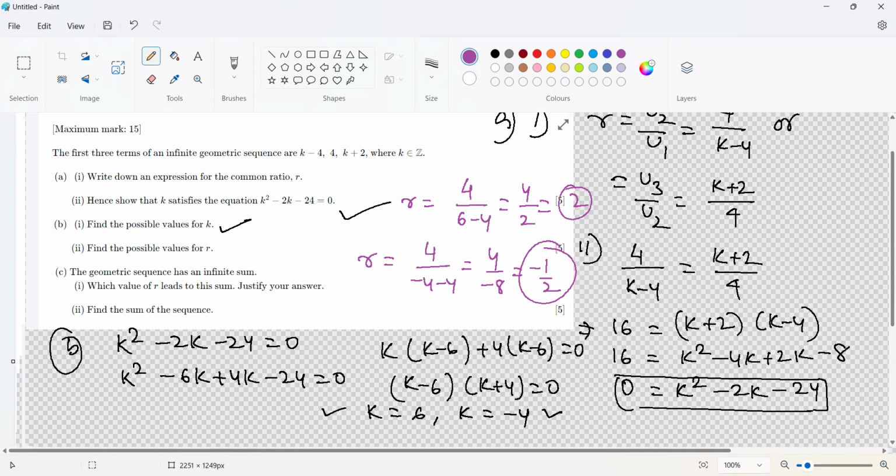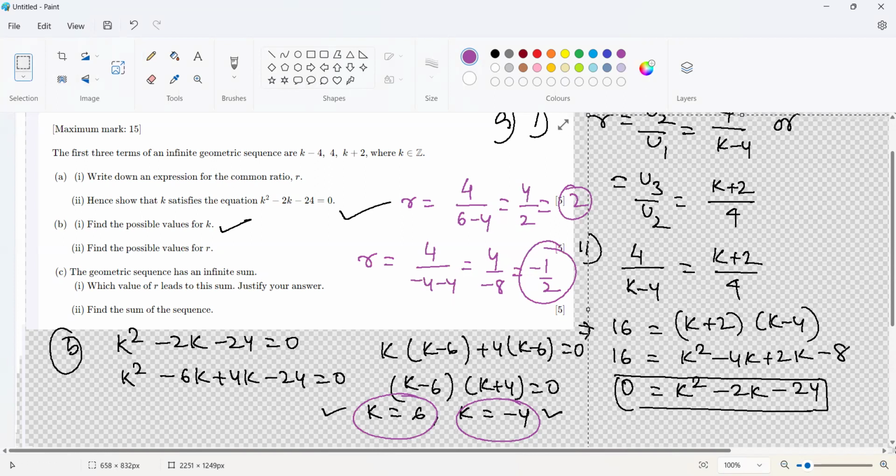One is 2, other is negative 1 by 2. For k is equal to 6 and k is equal to minus 4. Yeah, that's clear.